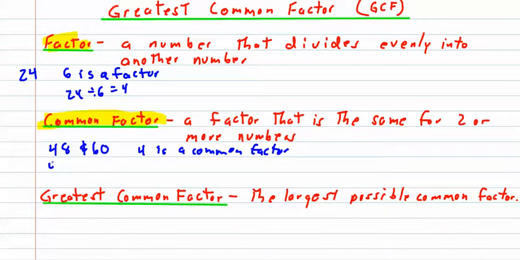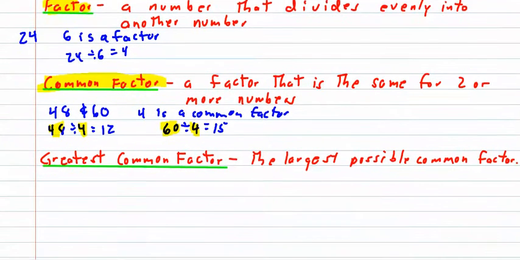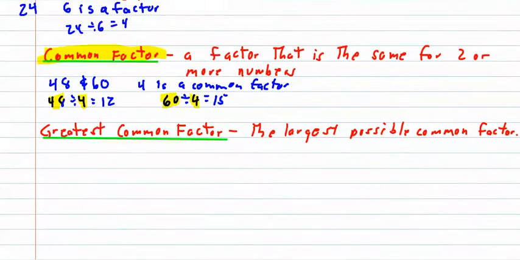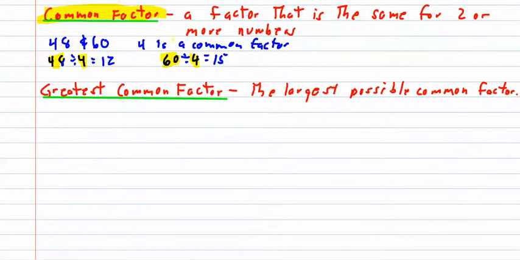Because 48 divided by 4 is 12, goes in evenly. 60 divided by 4 is 15, it goes in evenly. 4 goes in evenly to 48, and 4 goes in evenly to 60. So it's common. It works for both of them. Common means that it works for both numbers. What we're concerned about today is finding the greatest common factor.